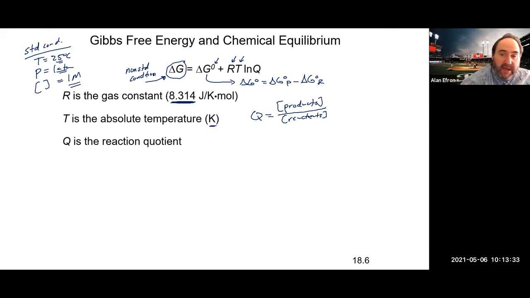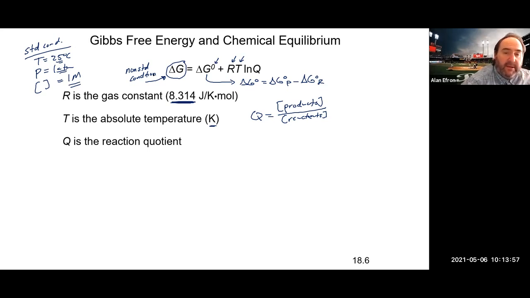Perhaps you may have a reaction that started out as spontaneous with a negative delta G, but maybe you're able to turn it into a positive delta G, or vice versa. Maybe you have one that started out non-spontaneous, but by playing with the pressures, temperatures, concentrations, you may be able to turn that reaction into a spontaneous reaction.